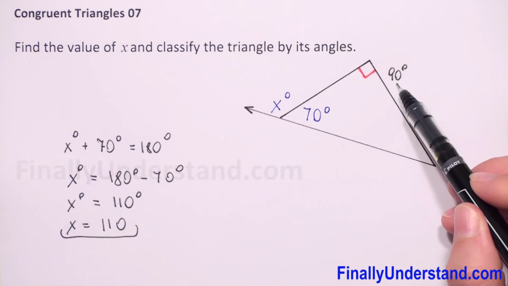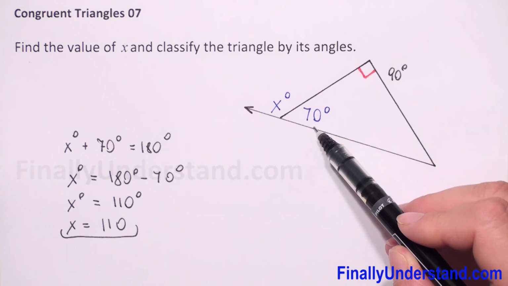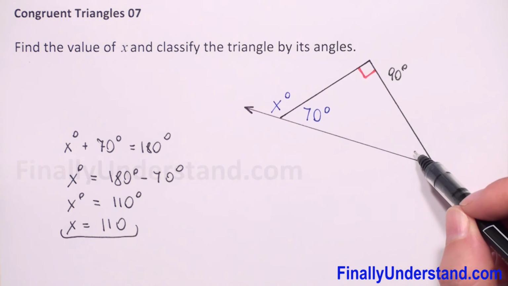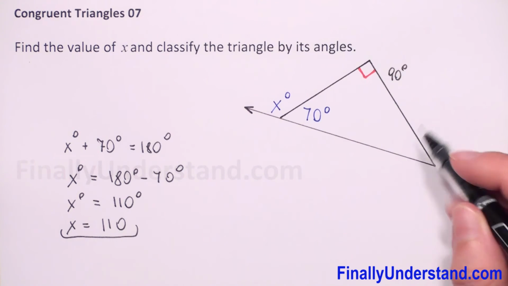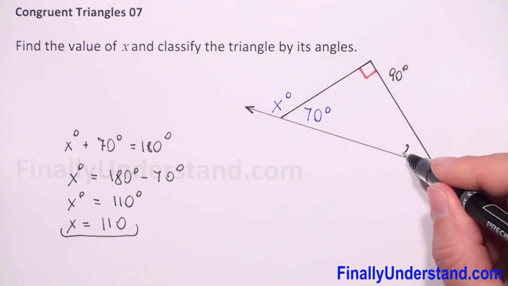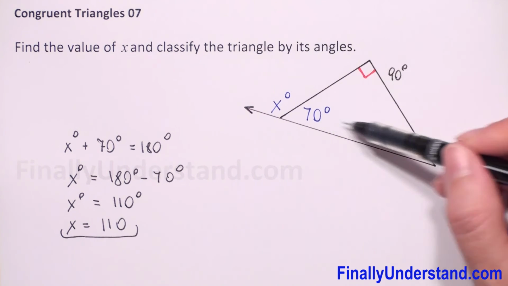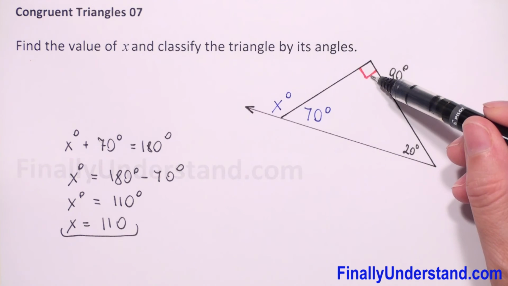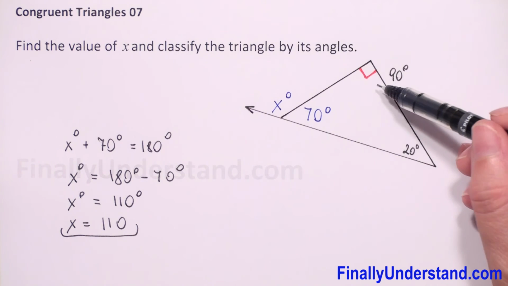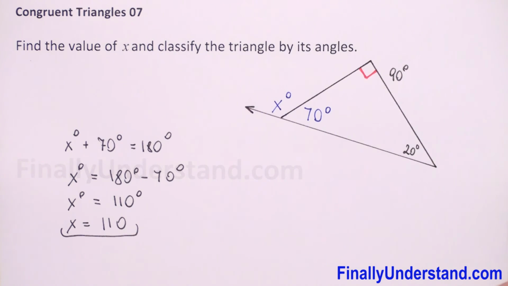So if this angle is 90 degrees and this is 70, which is less than 90 degrees, here it is 20 degrees. So we have here a right angle, so we have here a right triangle.